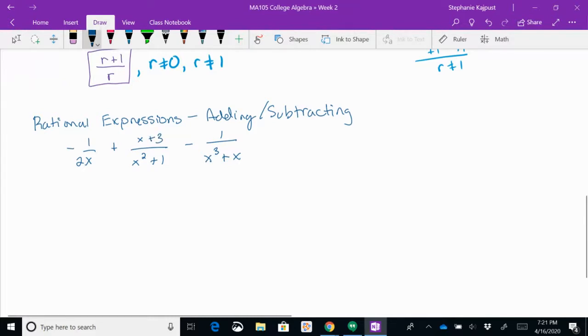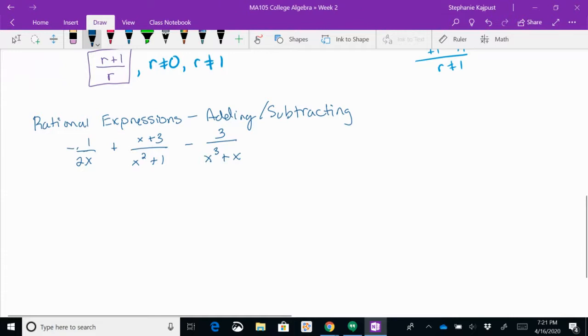Okay, this is probably going to come out nasty because I'm just changing it up. And then let's just make a number here so that these are not all just ones. Okay. So negative 1 over 2x plus x plus 3 over x squared plus 1 minus 3 over x cubed plus x.